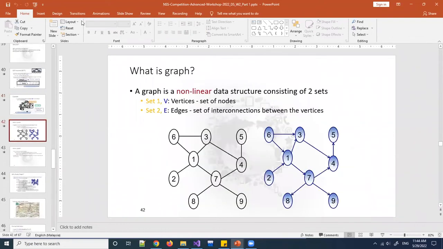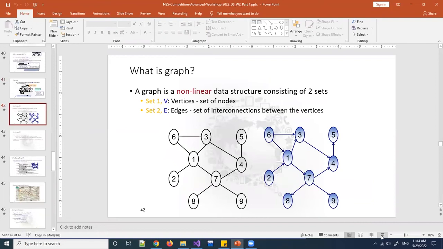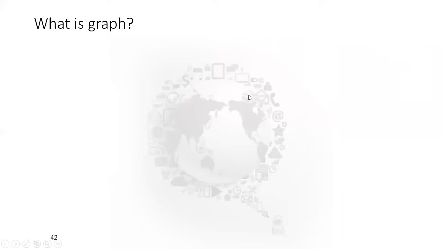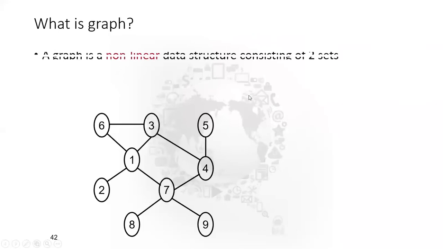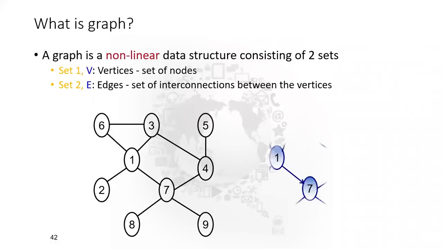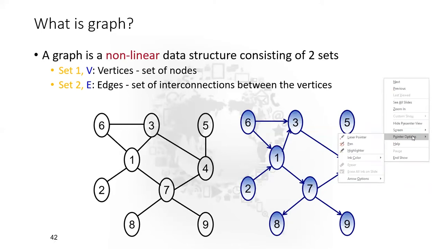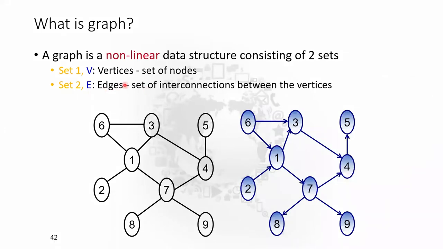Okay, so let's quickly go to the graph. What is a graph? Basically, a graph is a non-linear data structure which consists of two sets. One is vertices, a set of nodes, and the other is edges, a set of interconnections between the vertices.